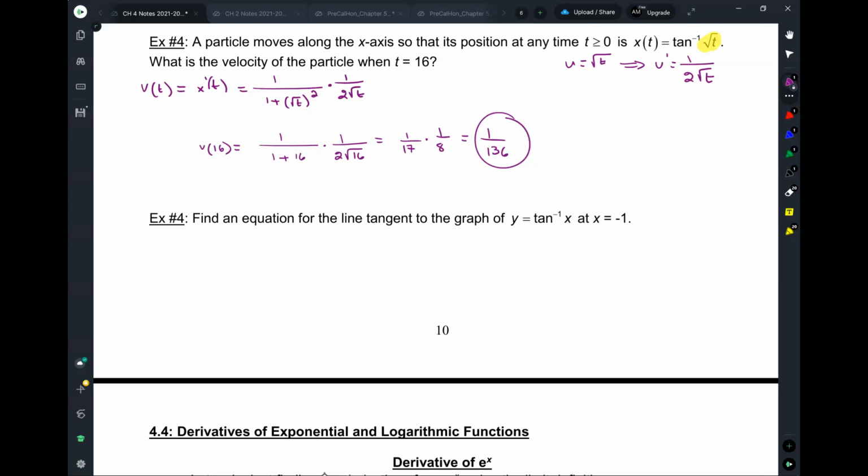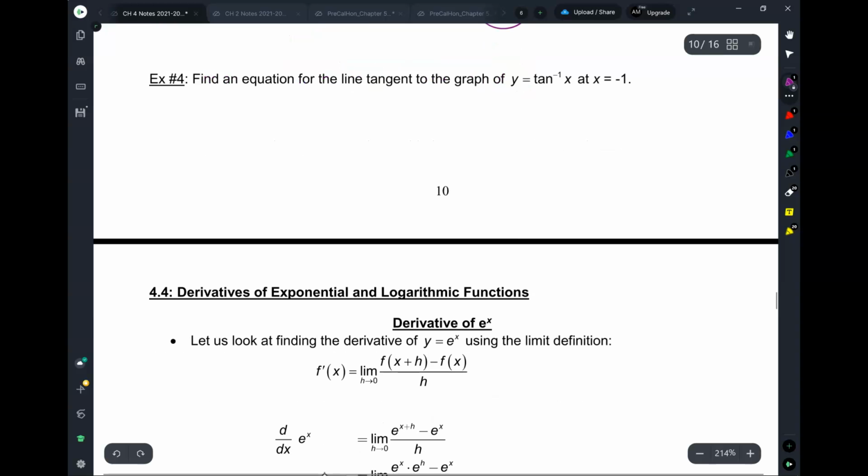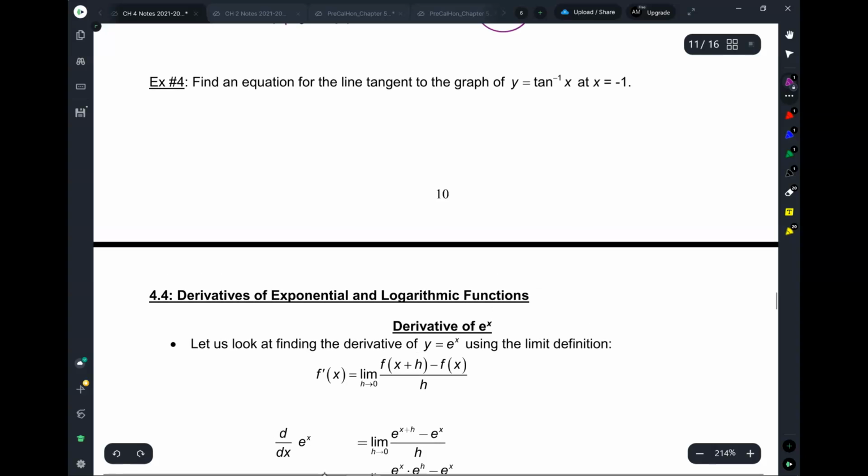Okay? Okay, last one. Oh, of course we have to find an equation of a tangent line, right? Okay. So for an equation of a tangent line, we need a slope and a point. Well, let's find the derivative here. 1 over 1 plus x squared is the derivative.